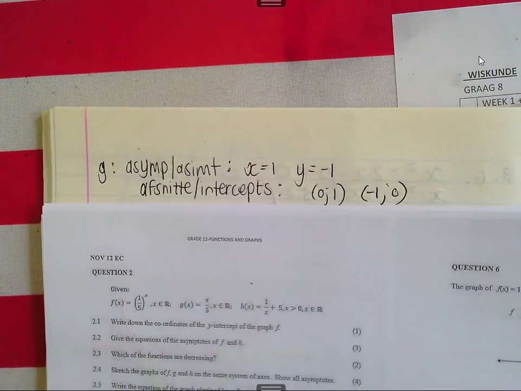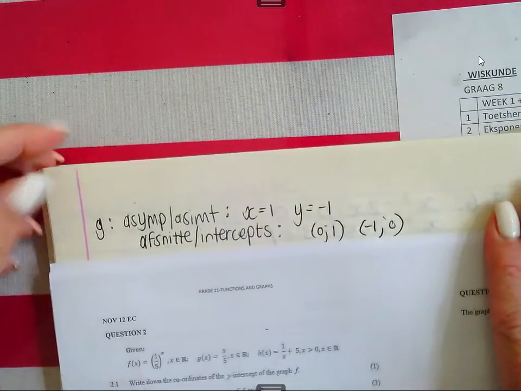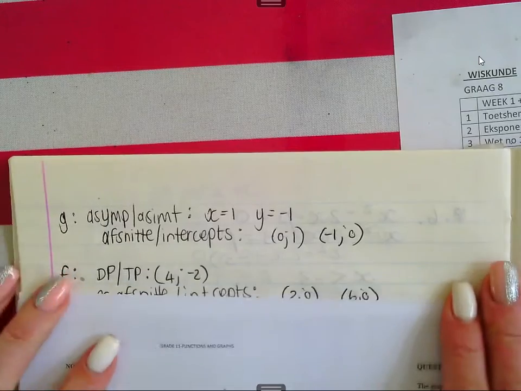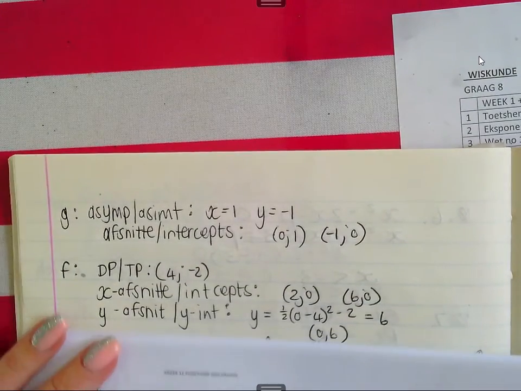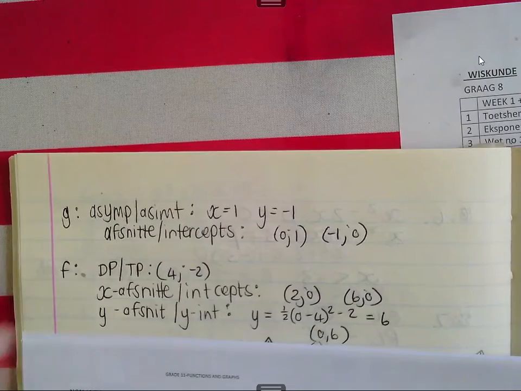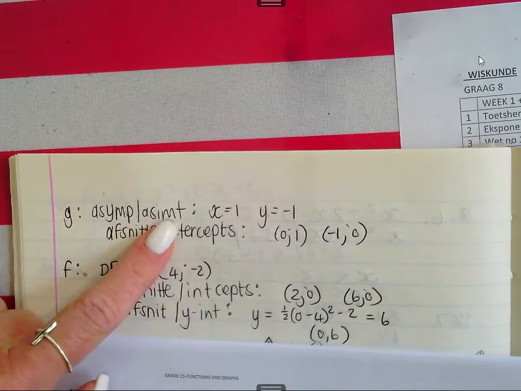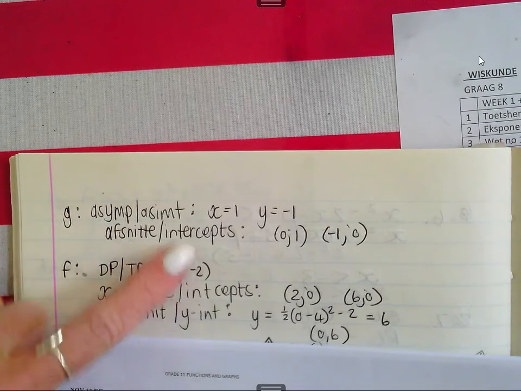Then you had to sketch the graphs. So I just made a summary for myself at this side to see all the things that I'm going to need. Those are the things that you remember on that page that you're going to get marks for. With the hyperbola, it's the asymptotes, x equal to 1 and y equal to -1, and then the intercepts.